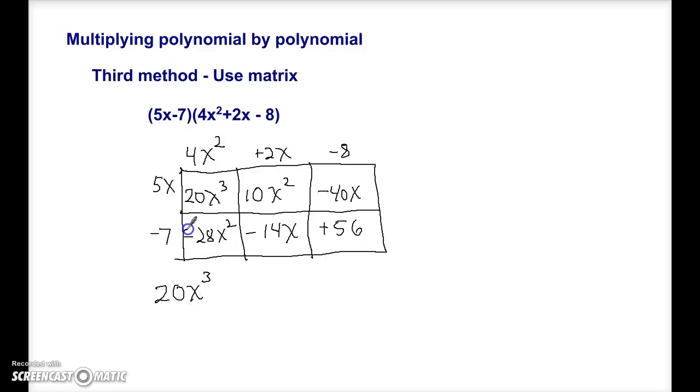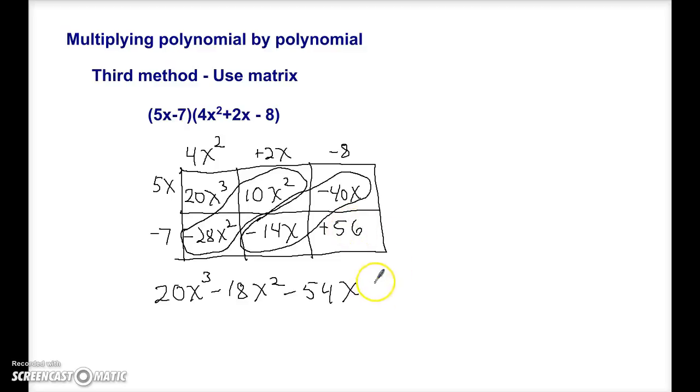And then negative 28x squared and 10x squared, those are like terms. And so when I add those, I get negative 18x squared. Negative 14x and negative 40x are like terms. When I add those, I get a negative 54x. And of course, I'm left with my plus 56.